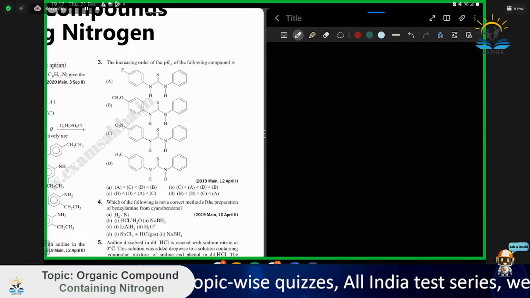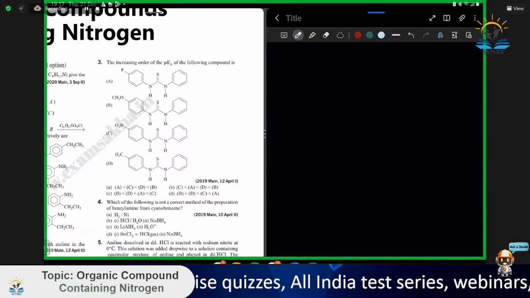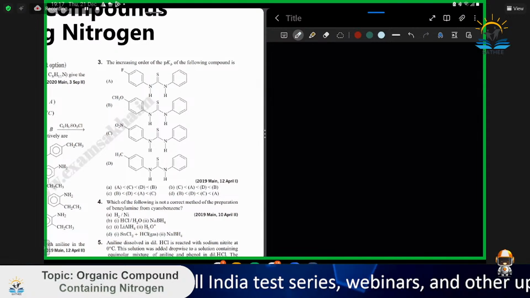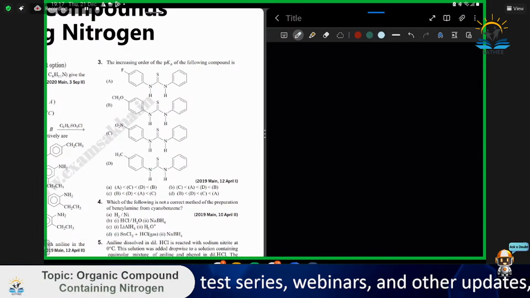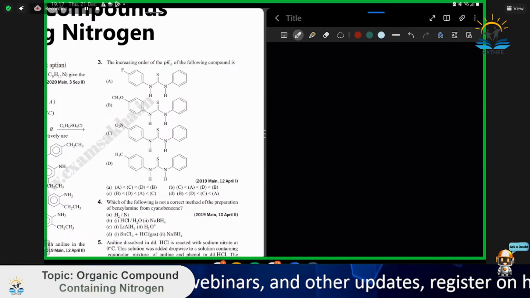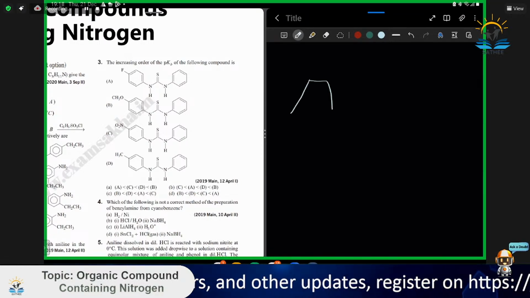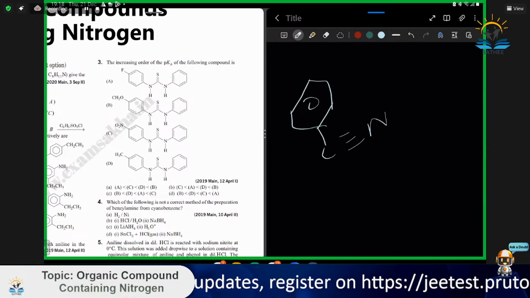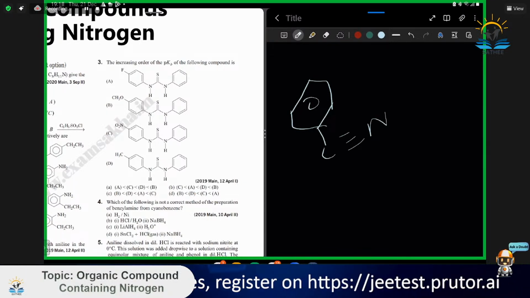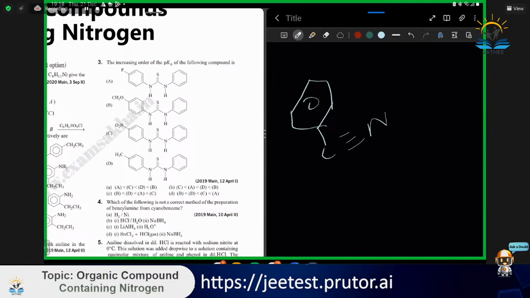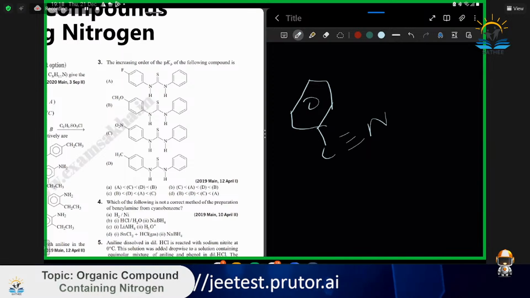So the following is not a correct method for preparation of benzylamine from cyanobenzene. Cyanobenzene is this thing. The reaction D is your direct reduction reaction.